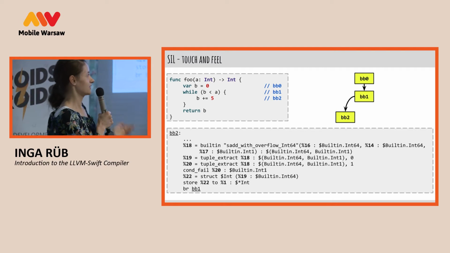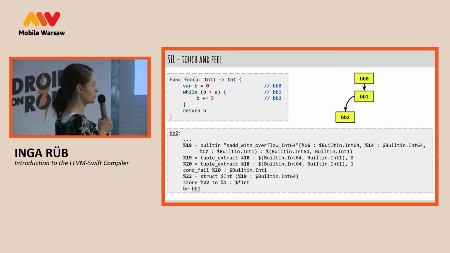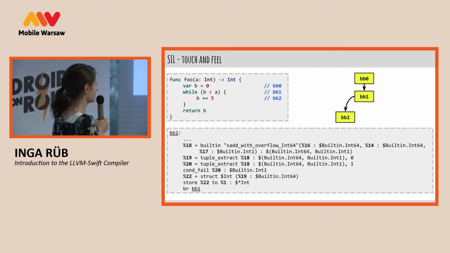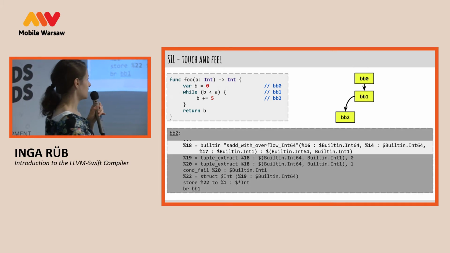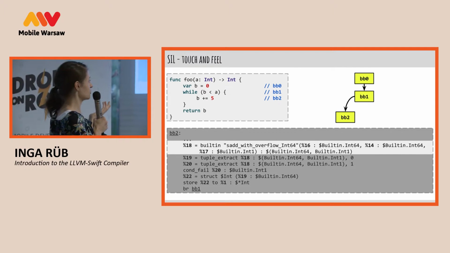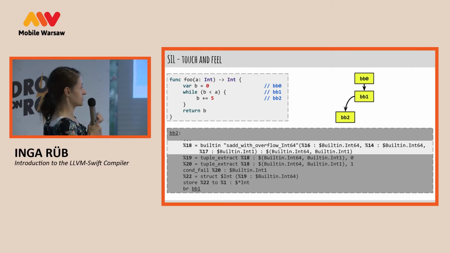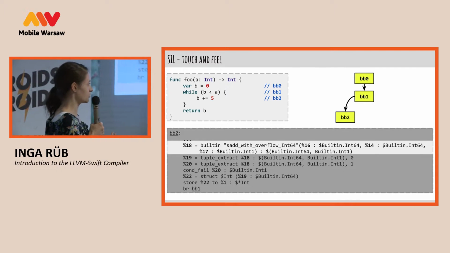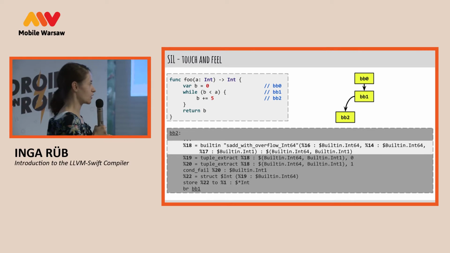So the first case is that b is less than a, and we should go to the block bb2. What is happening here is, as the first instruction, we add two integers, and the result is the integer that is the sum of these two integers, and also one bit. And this bit is because we want to check if there was an overflow.